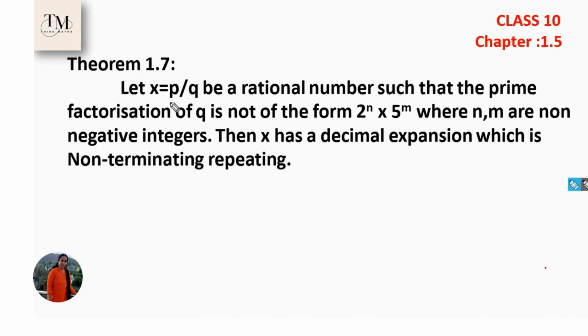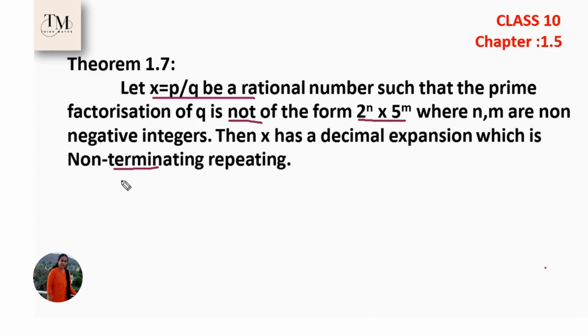Then we have to show that x has a decimal expansion which is non-terminating. So it does not end. Terminating means ends. Here non-terminating means it does not end, and it repeats.